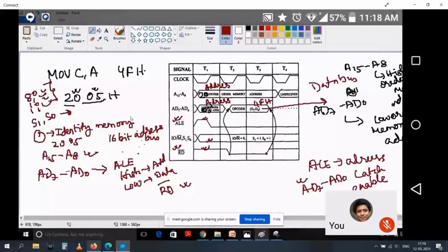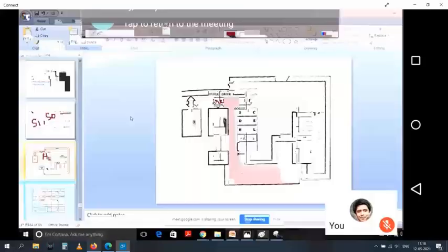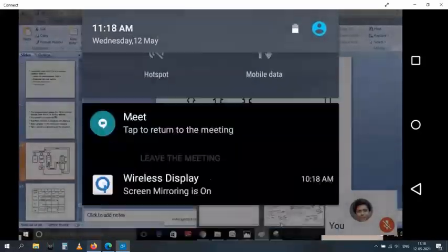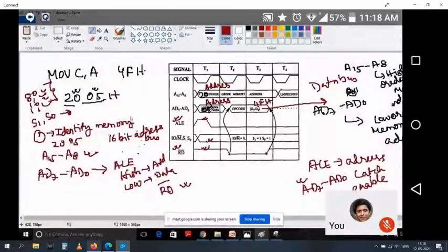Once this address job is done, the address has gone from the program counter to that memory location using the address bus.